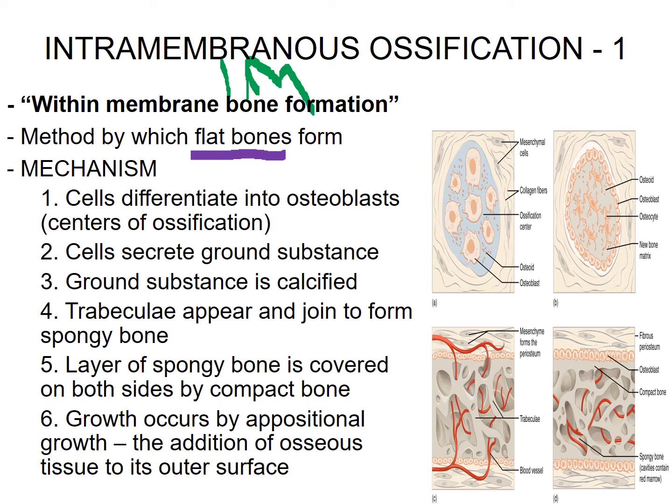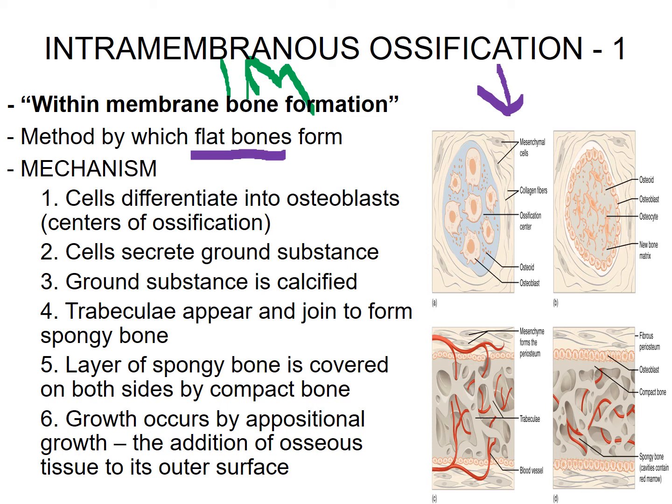So let's look at a few of the steps and see what's going on here. I'm going to show you this picture on the next slide, zoomed in or blown up a little bit so you can see. But we have these ossification centers, which are designated areas where we're going to grow the bone, and we're going to grow it from the inside out. So we're going to start growing the spongy bone first, and then we're going to lay down the compact bone second.